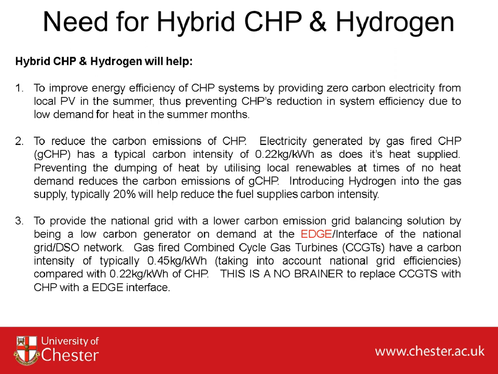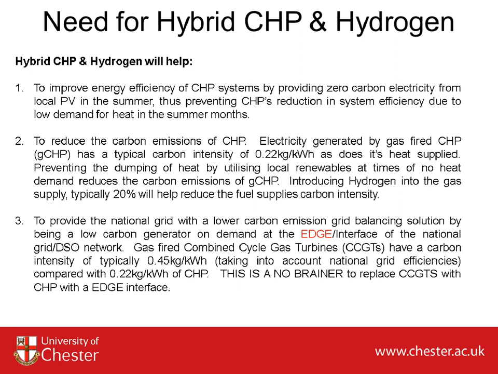use the PV generation in the summer, and that will allow us to reduce the amount of gas usage in the summer to generate electricity. So by blending PV with the CHP, we can massively increase the CHP system's utilisation efficiency to get close to the 82 to 85% system efficiency.